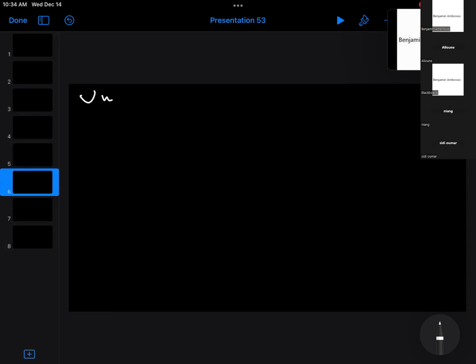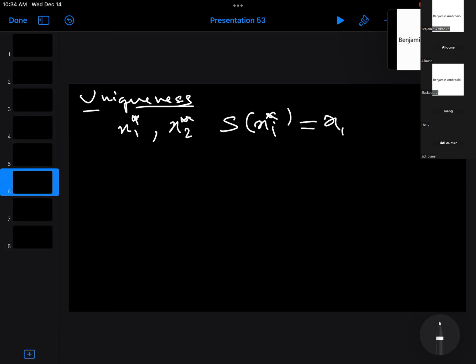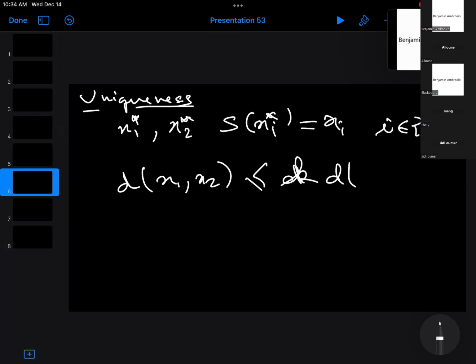So the uniqueness finally comes from the fact that if you have two fixed points, so s of x1 equals x1 and s of x2 equals x2, then you will get that the distance between x1 and x2 is less than k times the distance between x1 and x2, because s x1, s x2 equals x1, x2.